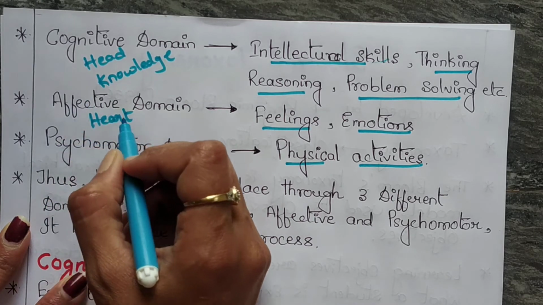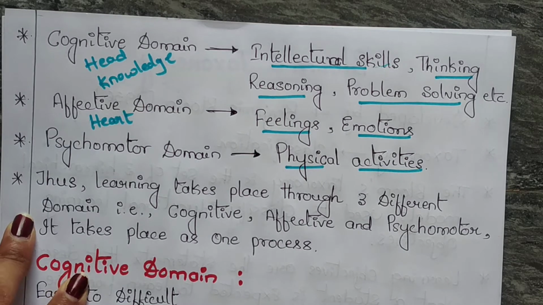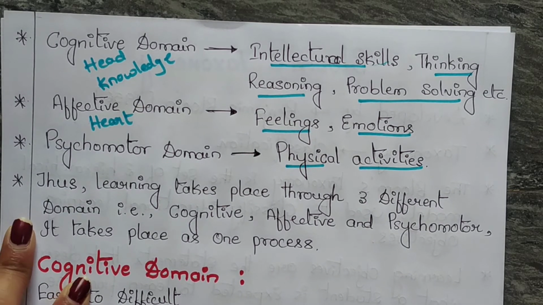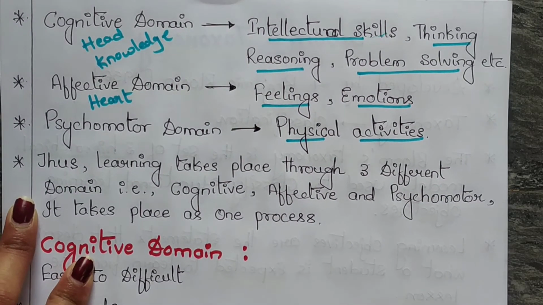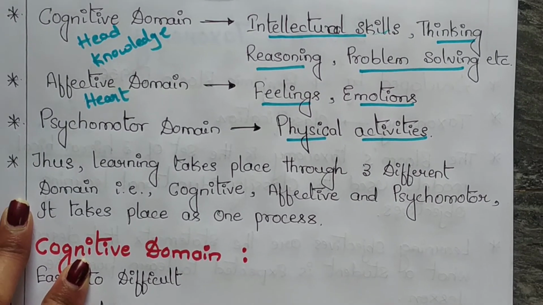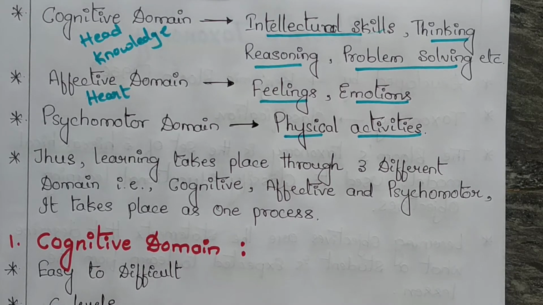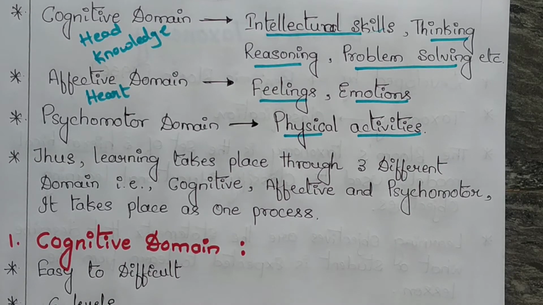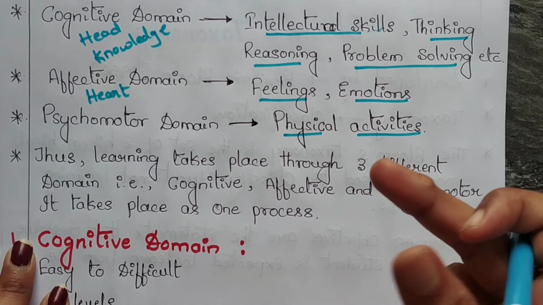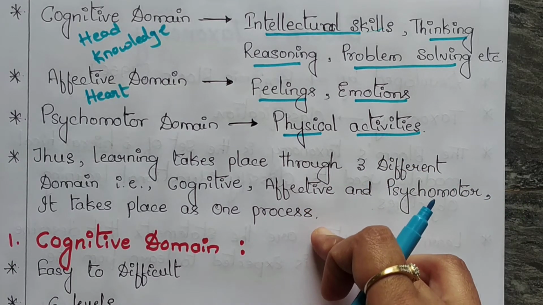Here affective domain relates to feelings. The best example: if you motivate someone, like provoking someone to do something, if you hurt someone by telling them they can't do this, they will take it as a challenge. Because you hurt their feelings, they will try to learn those things.